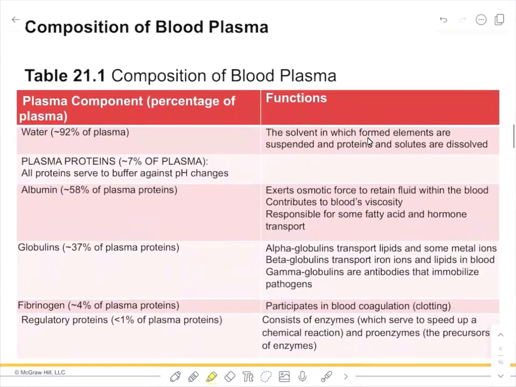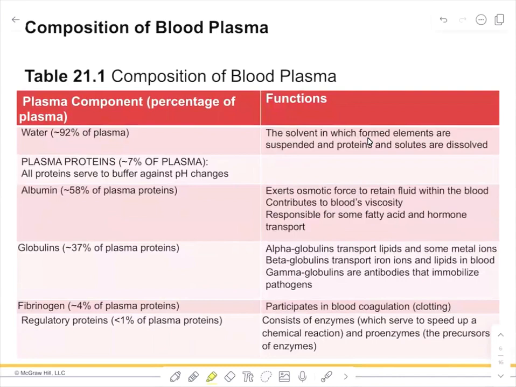So blood plasma is 92% water, and water is that universal solvent that all the formed elements, proteins, and solutes are suspended in. The plasma proteins include the albumin, which exerts an osmotic force to retain water within blood.